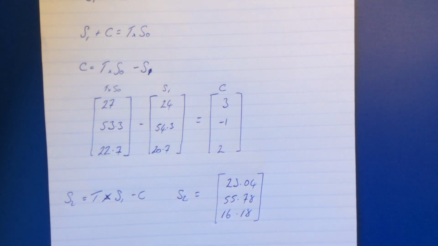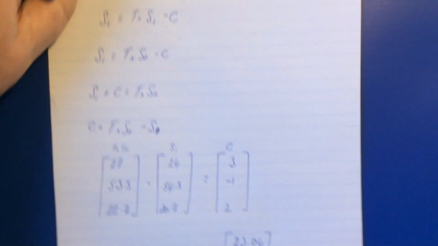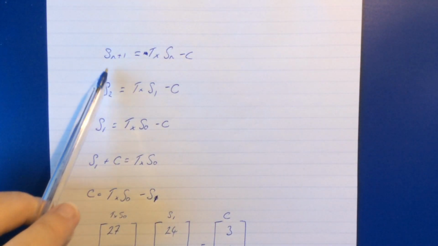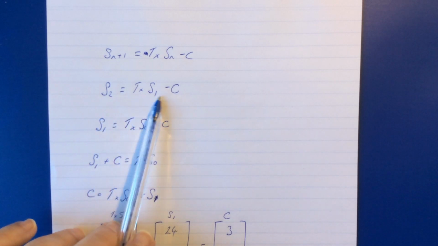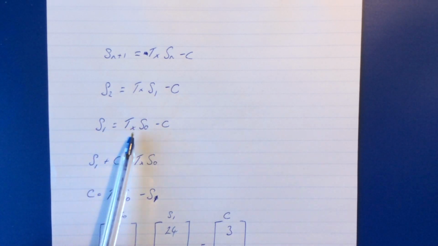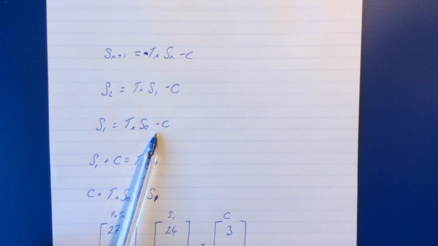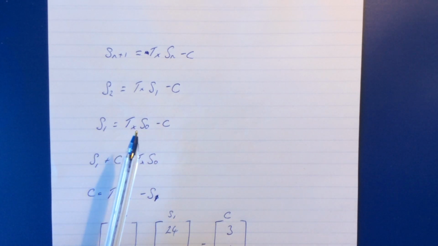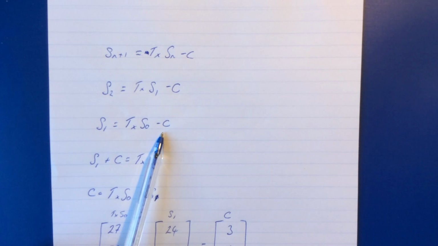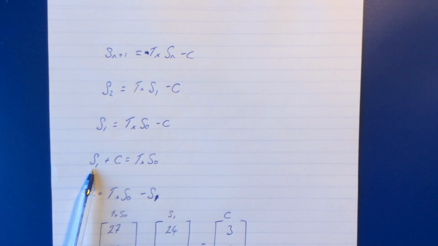Just very quickly running through this little bit of algebra again. That's what we're told. S2 therefore is equal to this. S1 we know must be equal to this. S1 we know, T we know, S0 we know, C we do not. So a little bit of rearranging.